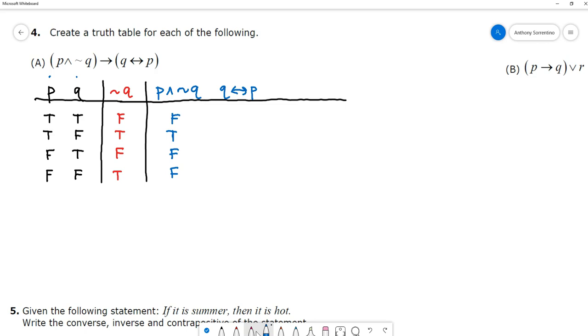So either they both have to be true or they both have to be false. So this would be true, this would be false, this would be false, and this would be true.